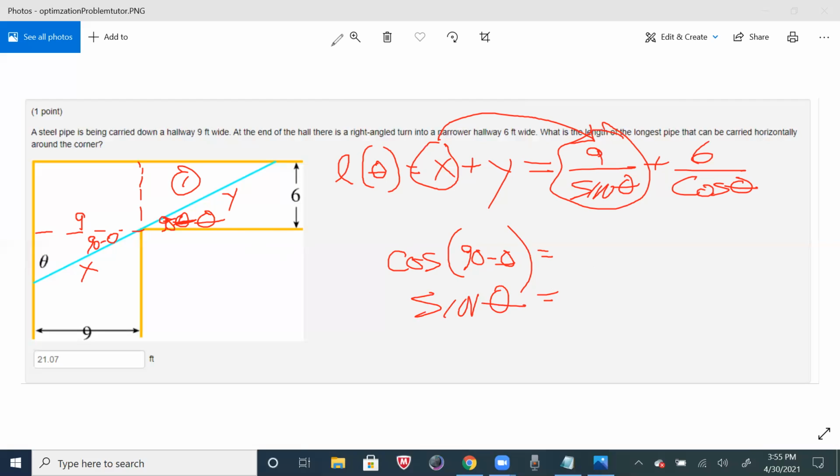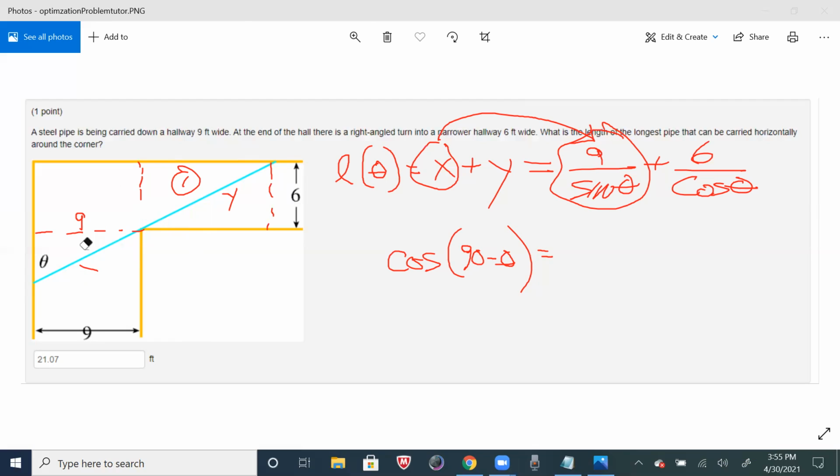Hold on, I'm just about got this figured out. How do they get that for y? In other words, y is the sine of theta. The problem is this angle right here is not theta.